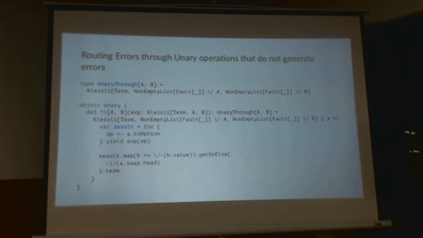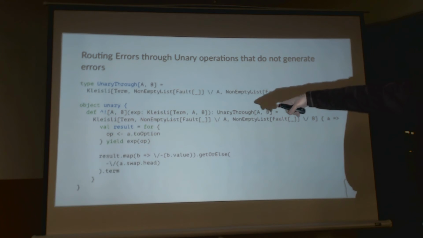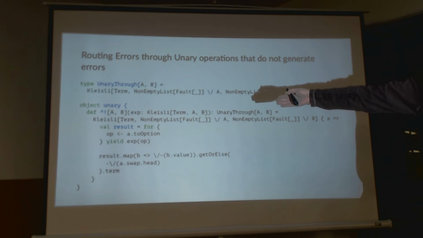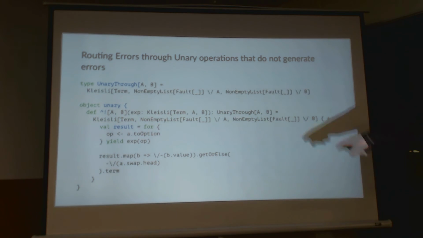If there's a left-hand side value, which in this case is an error condition, it will just be a None. So in order to actually pass a value to exp, we want to make sure that the value is valid. It's not an error condition. So then we know, okay, we're going to apply this operation. So we yield the operation.